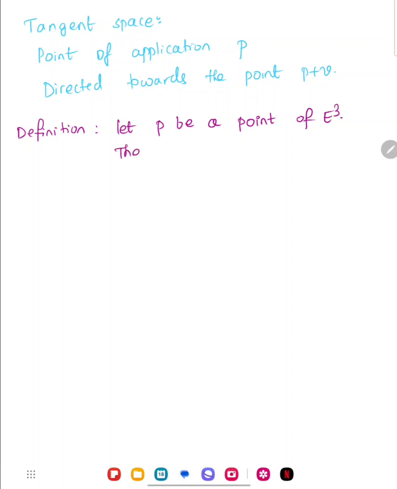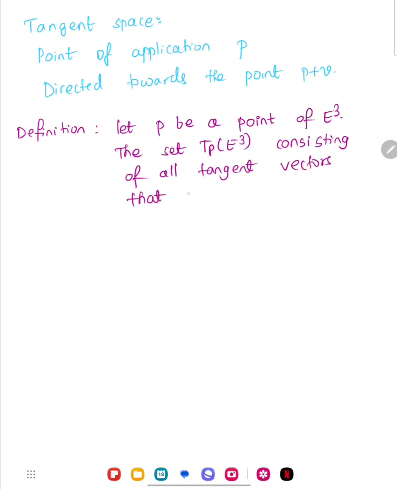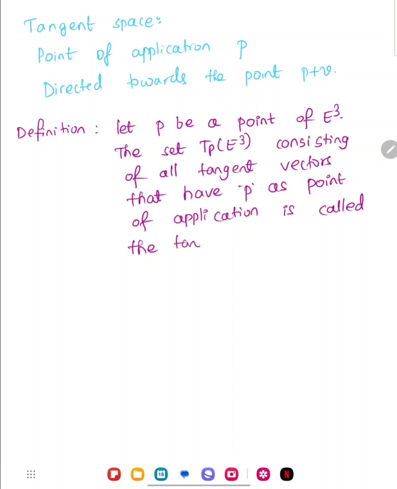The set Tp of E3 consisting of all tangent vectors that have P as point of application is called the tangent space of E3 at the point P.